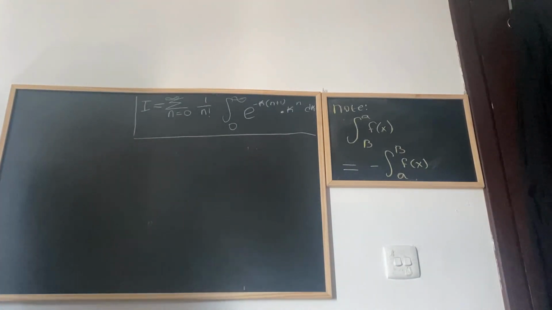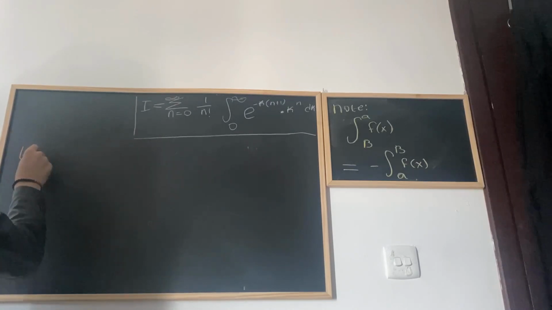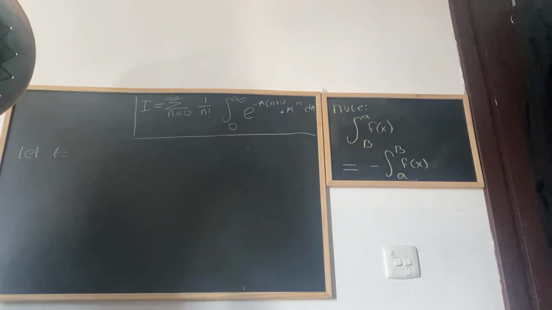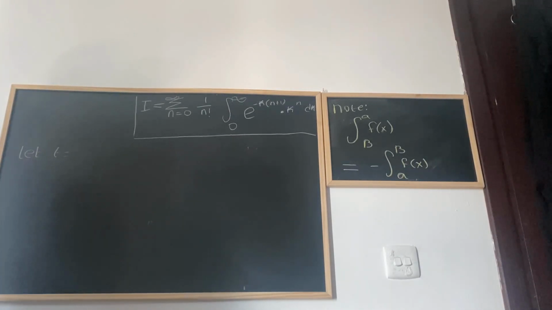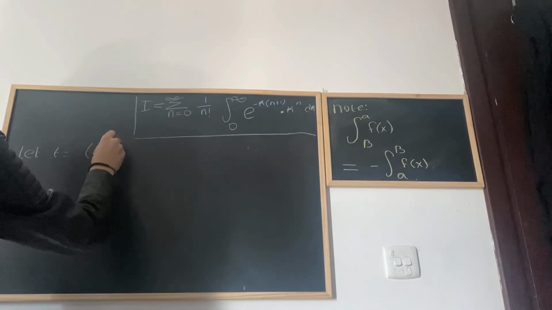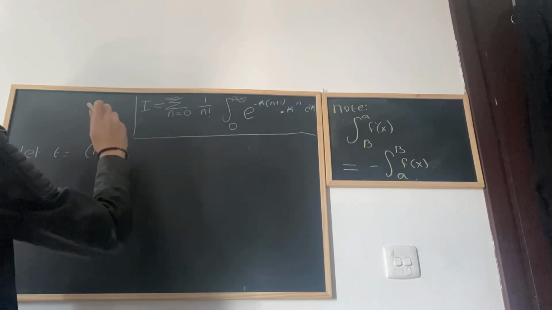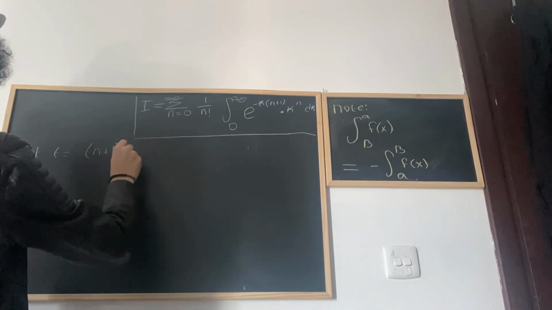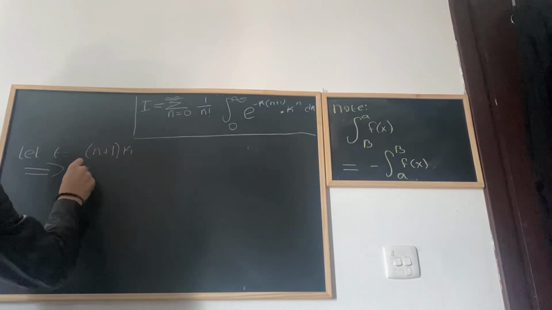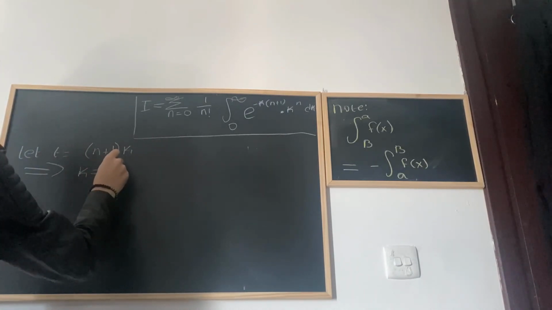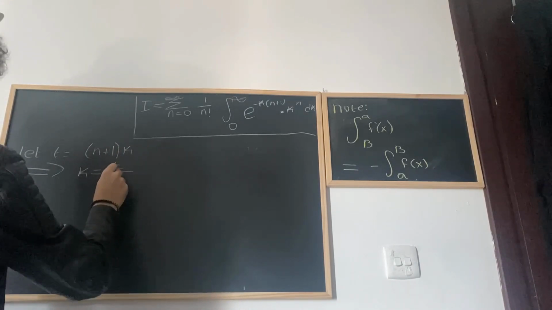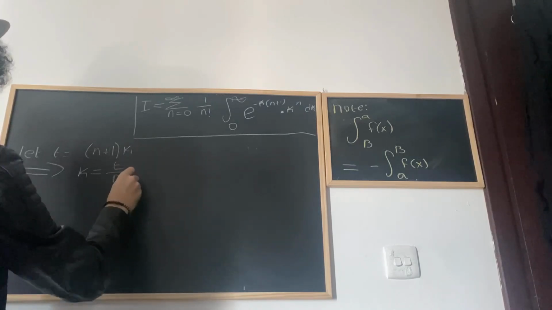So let's say let t equal n plus 1 times k. This implies that k is equal to t over n plus 1.